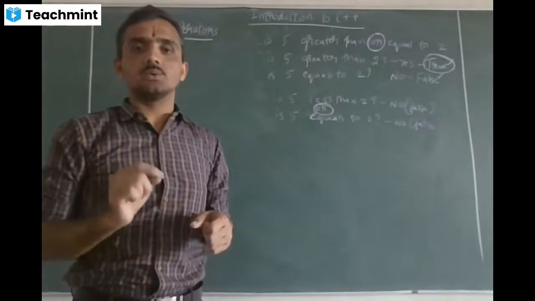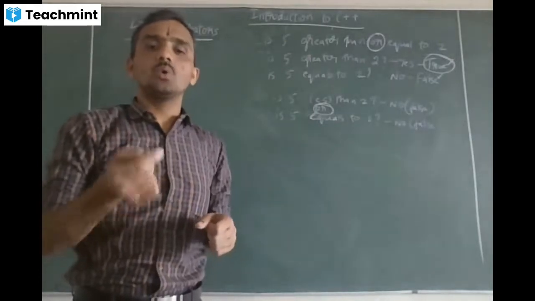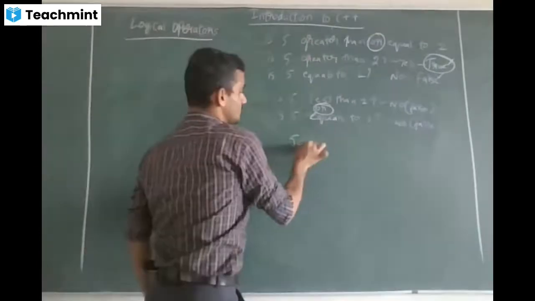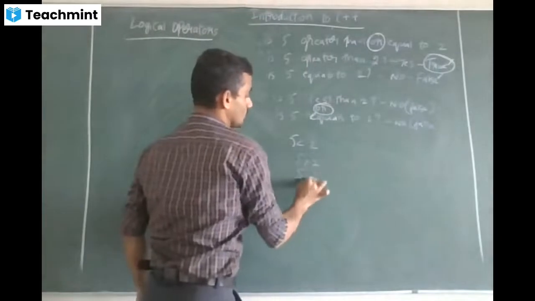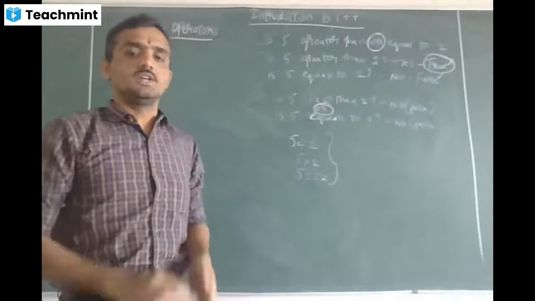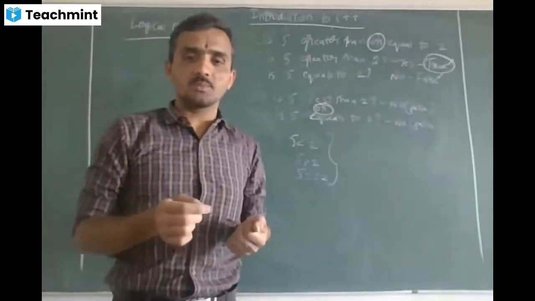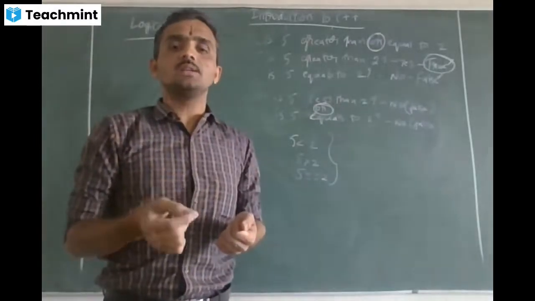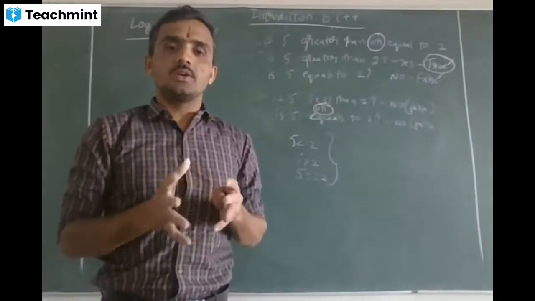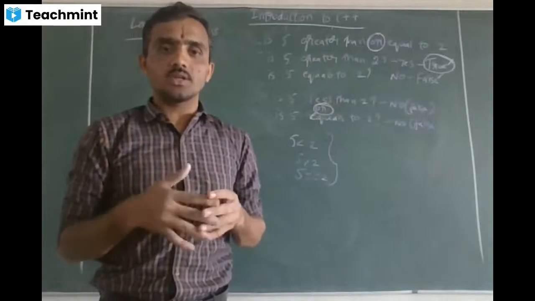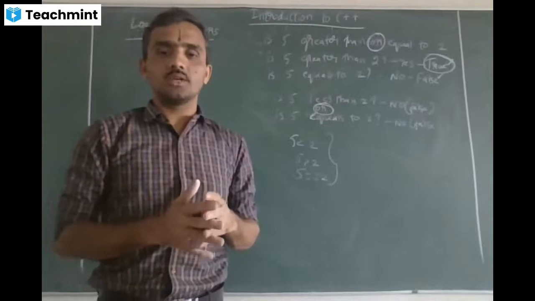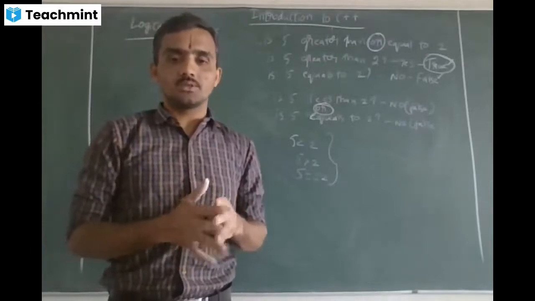Relational expression means if I write 5 less than 2, 5 equals to 2, so these are all relational expressions. Whether you are using relational operators or logical operators, the result is the same, true or false.